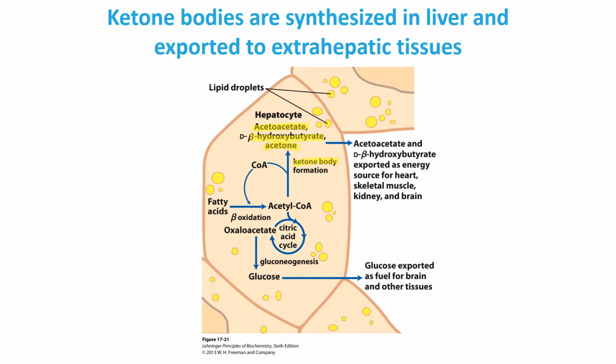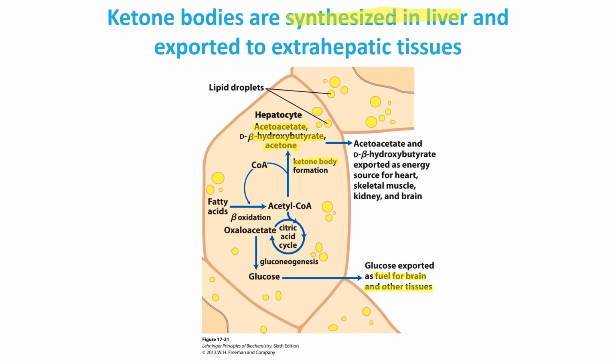So these three are called the ketone bodies, and they are synthesized in the liver and exported to extrahepatic tissues, meaning anywhere else in the body except the liver. They can be used as an energy source or fuel by other tissues, especially by the brain, under certain conditions.